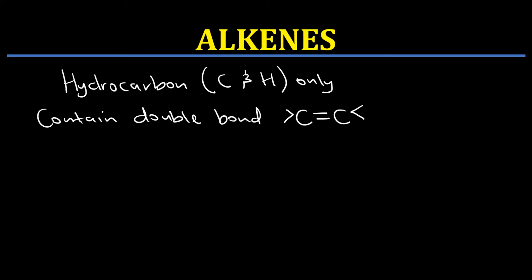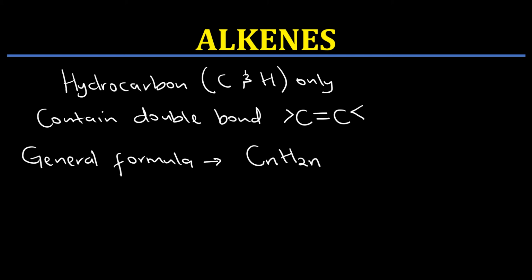However, you can also use a general formula for the alkenes to be able to predict a given formula or to be able to draw a certain structure by knowing the number of carbon atoms and the number of hydrogen atoms present. So the general formula for alkenes is CnH2n, where our n will start from 2, we cannot have 1.